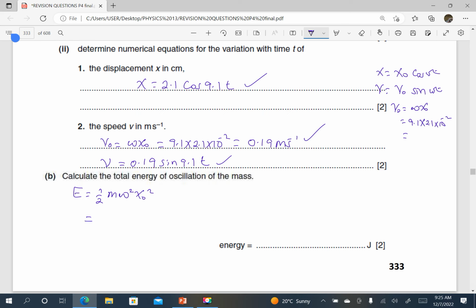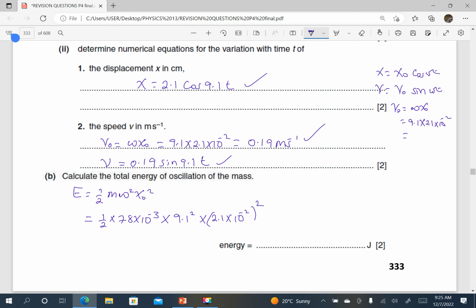This is going to be a half times the mass. The mass was given as 78 grams, which is 78 times 10 power negative 3 kilograms. Omega was 9.1, so times 9.1 squared. Then x naught amplitude is 2.1 centimeters, so times 2.1 times 10 power negative 2, and this should also be squared.